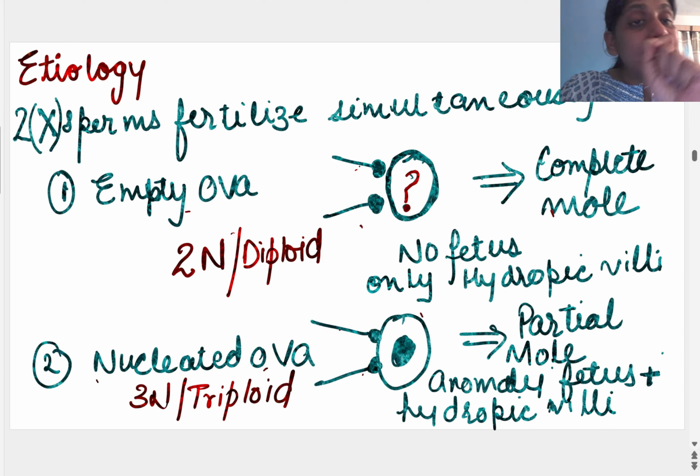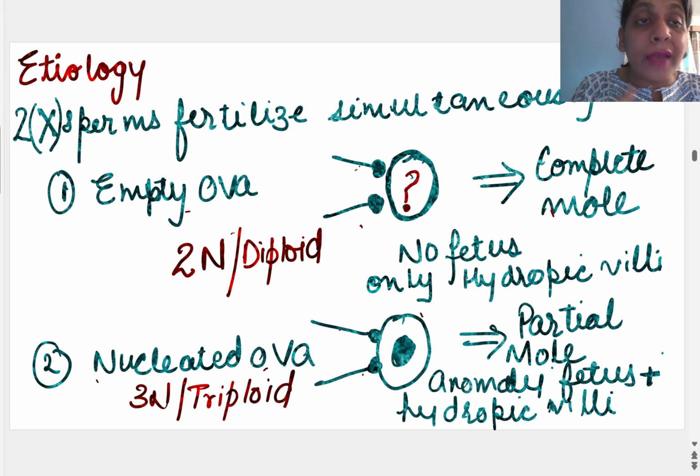Now this abnormal zygote, which doesn't have a maternal nucleus and has two sperms, will be diploid, because two sperms are there, and the mother nucleus was empty.